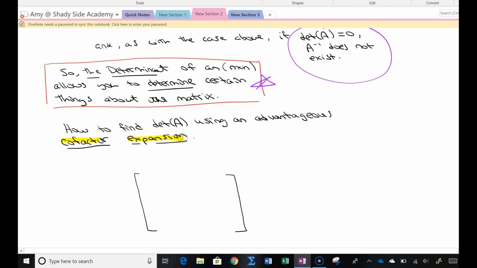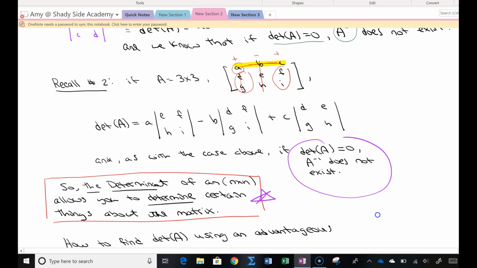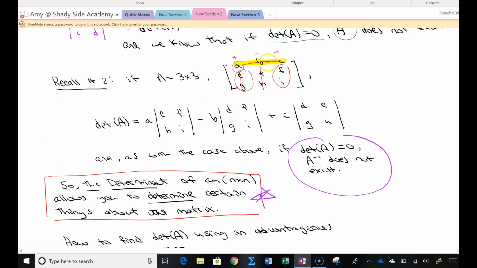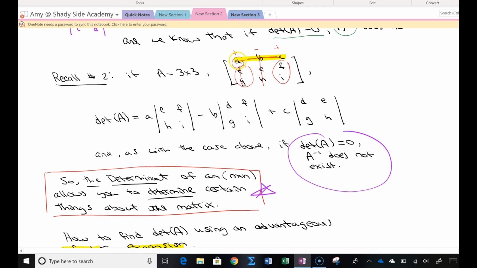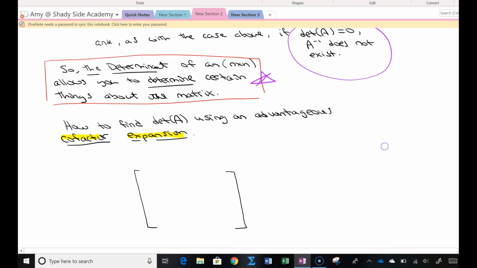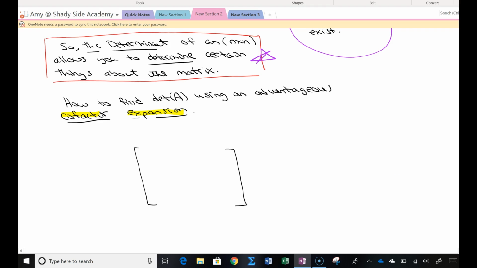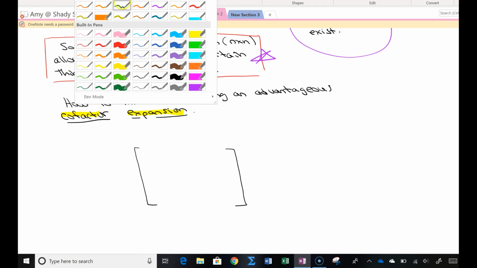That is just the mathematical way of saying how to find the determinant of A by running across an advantageous row or column. So now what we're going to do is allow for the possibility of running across not just row 1, but an advantageous row. You can also run down a column. So that's how we use an advantageous cofactor expansion, okay? Before I show you that method, one thing I want you just to make note of is the following.